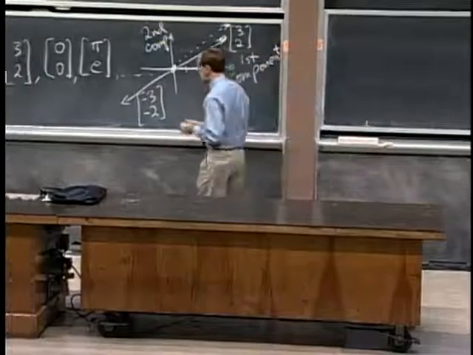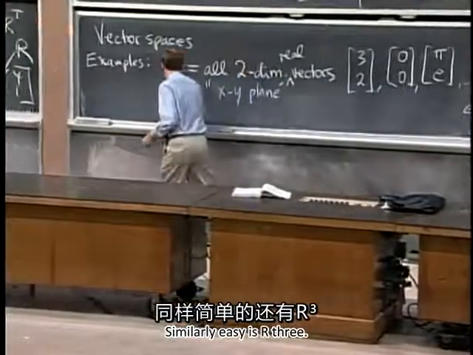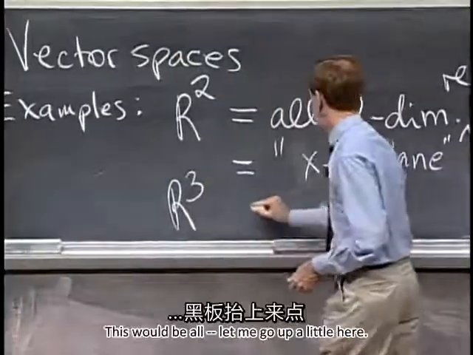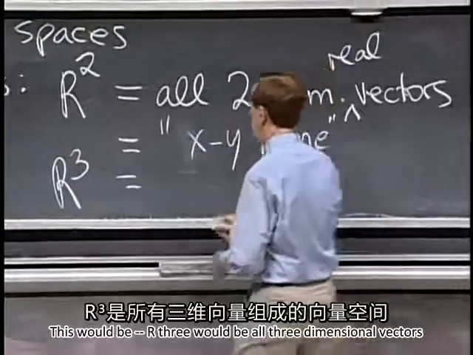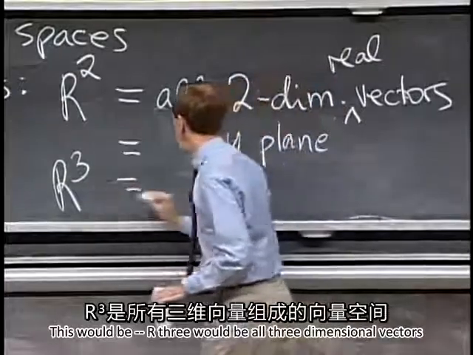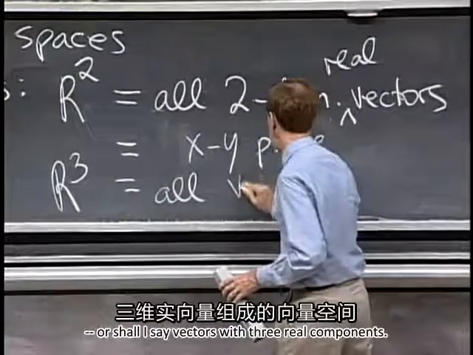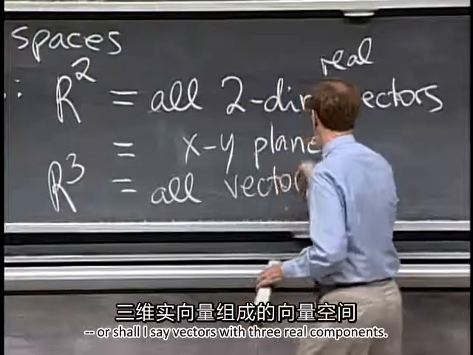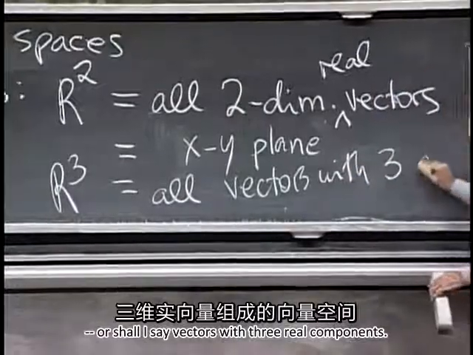Similarly easy is R3. R3 would be all three-dimensional vectors. Or should I say, vectors with 3 real components?